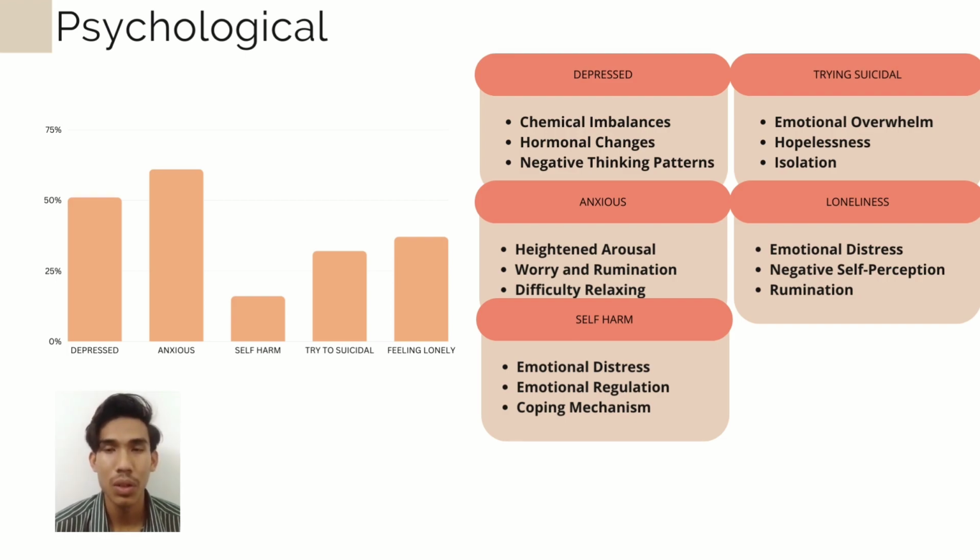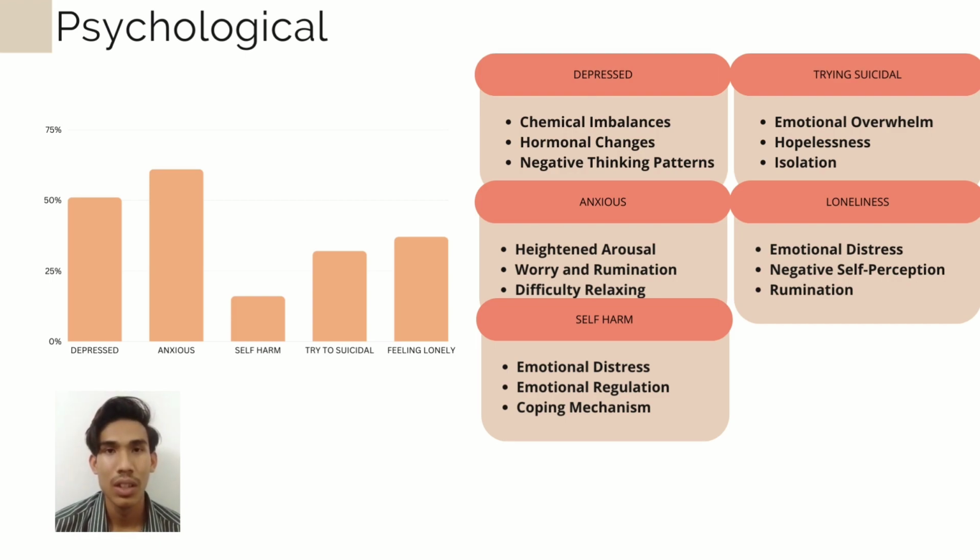And the next is we talk about the lowest percentage of psychological effects, which is self-harm. Why? Because of emotional distress. Stress, anxiety, depression, and other emotional struggles can lead to intense emotional pain or inner turmoil. Some individuals resort to self-harm as a way to express and release this emotional pain.